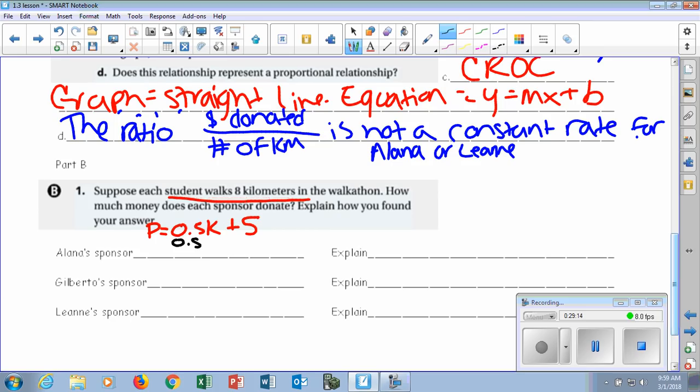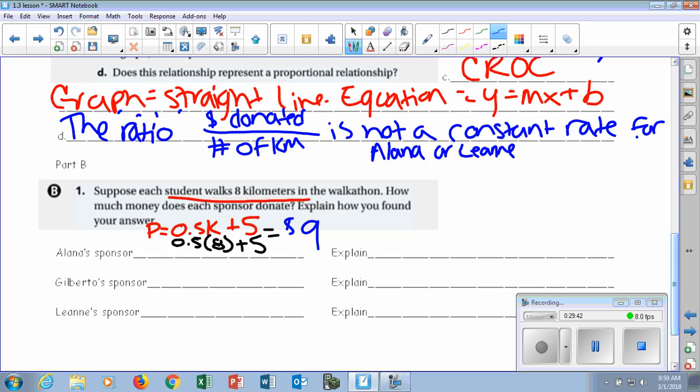So if I do 0.5 and put my 8 in place of K, now I can solve that. 8 times 0.5 plus 5. So if I were to plug that in to figure out the profit, Robert, what would I get? $9. Elena made a total of $9 when she walked 8 kilometers.